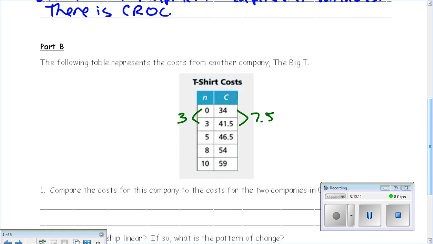Ashley, if I know $7.50 is for 3 shirts, how would I find what one shirt is? We would divide it by 3 to figure out what 1 is. So $7.50 divided by 3 gives me how much, Ashley? When we divide that, we get $2.50 for 1 shirt.